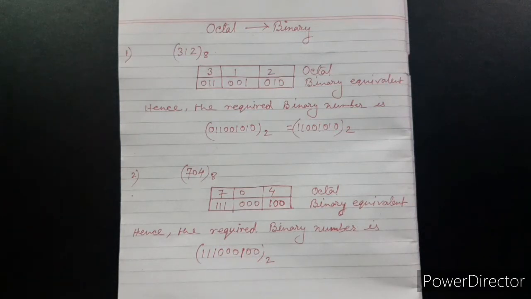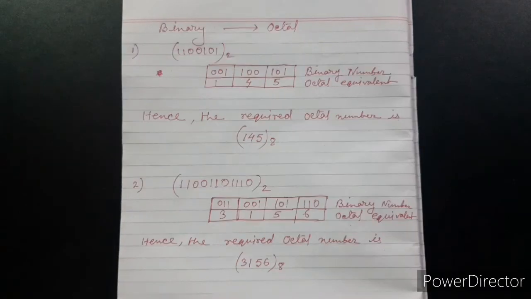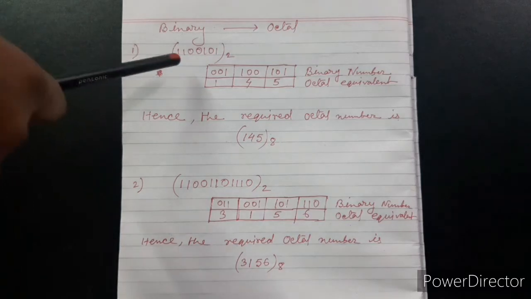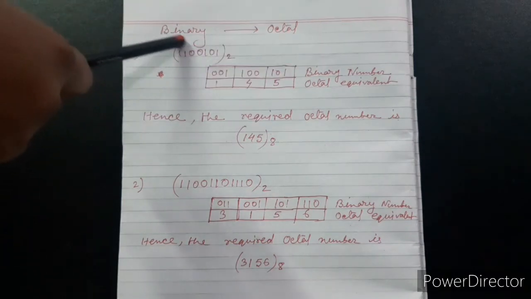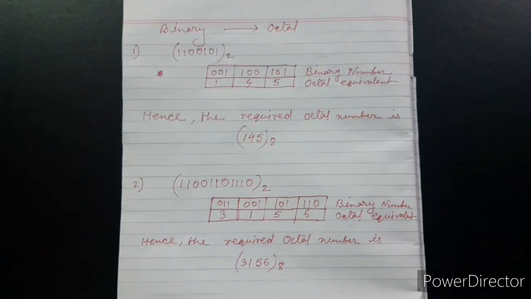Now the next conversion. Binary to octal conversion. The first example is 11000101. This is a binary number. First, we have to create a 3-bit group from the right side.